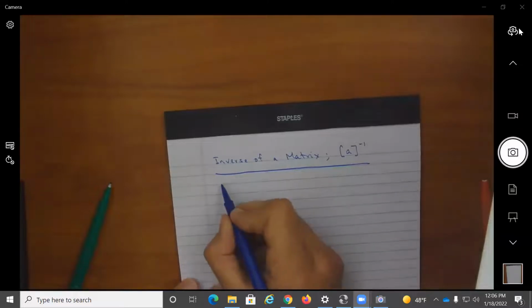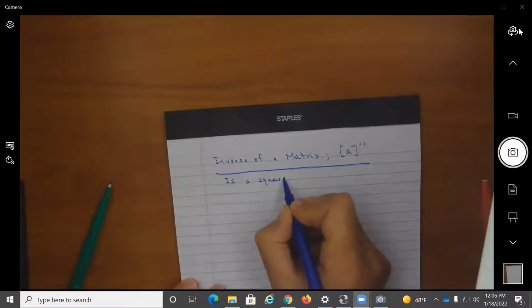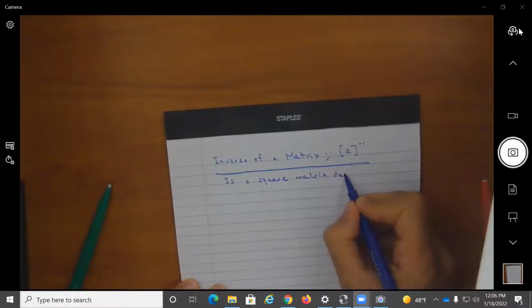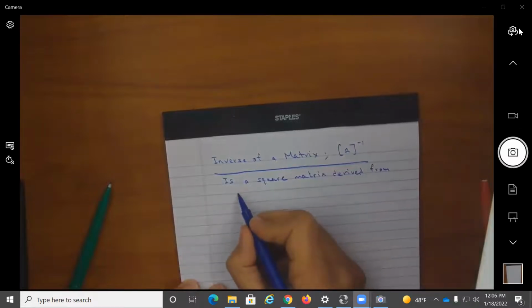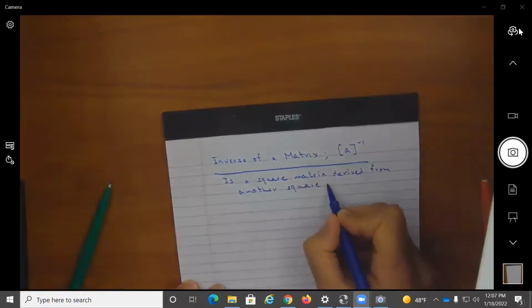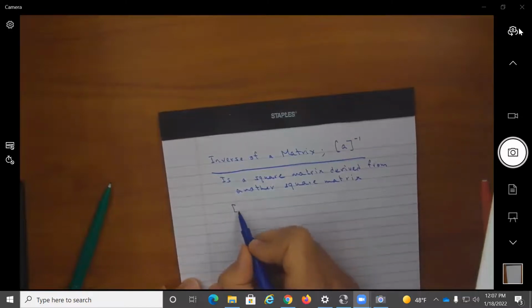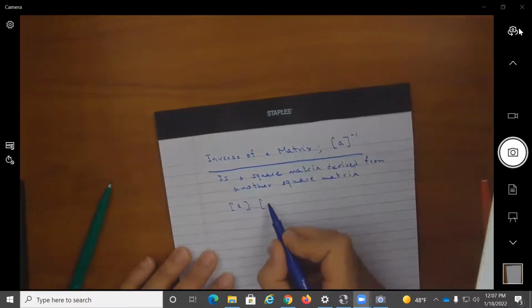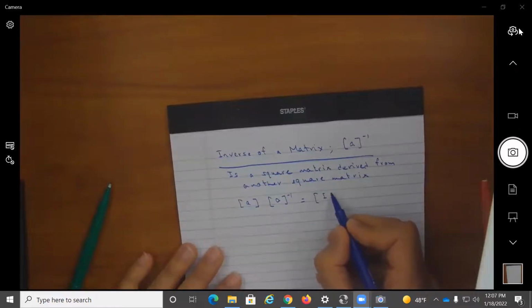The inverse of a matrix is a square matrix derived from another square matrix, such that when I multiply A by its inverse, A^-1, the outcome is an identity matrix.